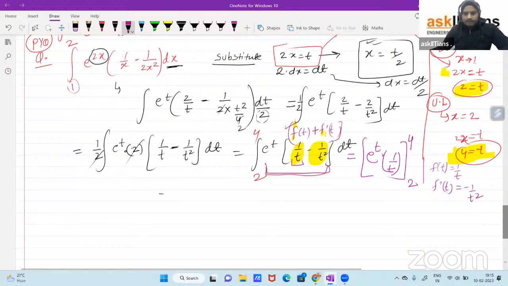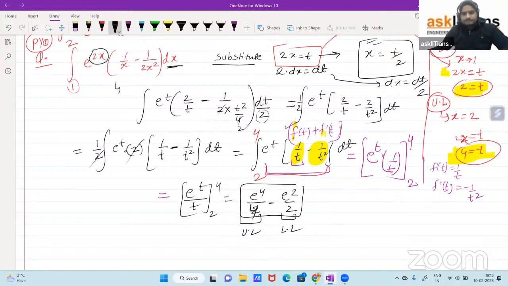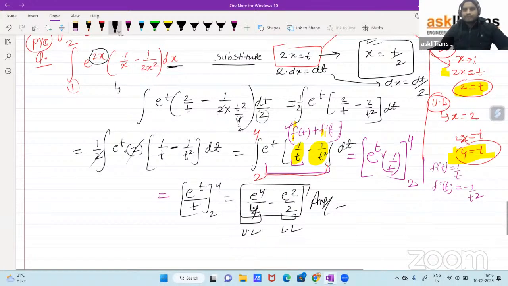So you are getting e power t divided by t from 2 to 4. That will be e power 4 divided by 4, sorry, upper limit, minus lower limit, e square divided by 2. So this is your answer. Note it. If there is any doubt, feel free to ask.